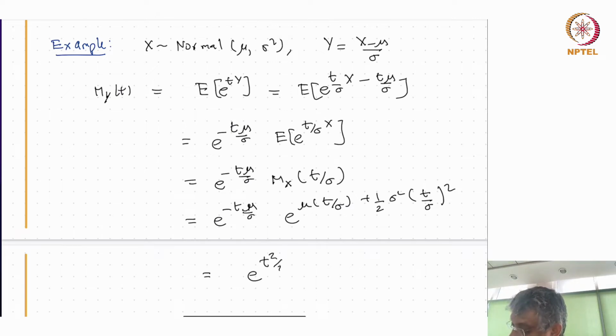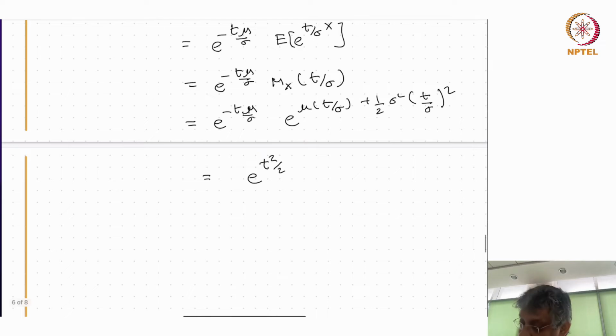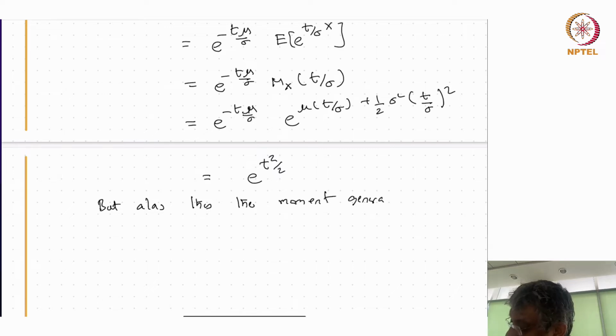Everything else cancels off. But alas, this is the moment generating function of a normal 0, 1 random variable. So this implies that y is normal 0, 1.